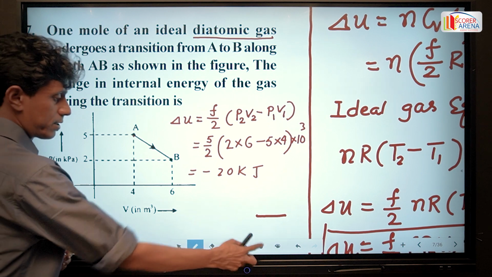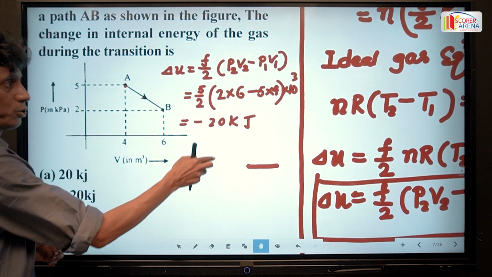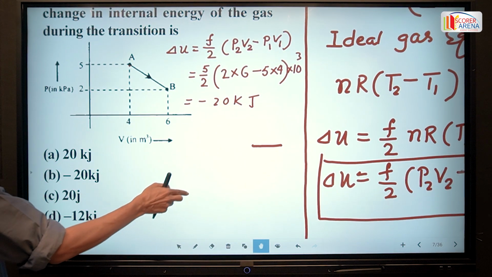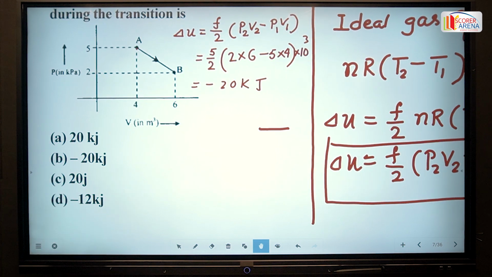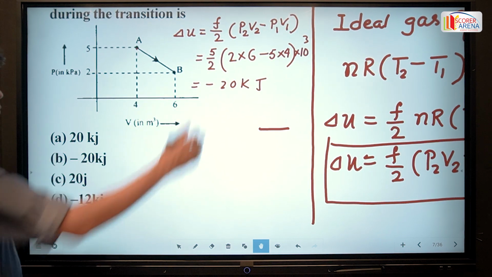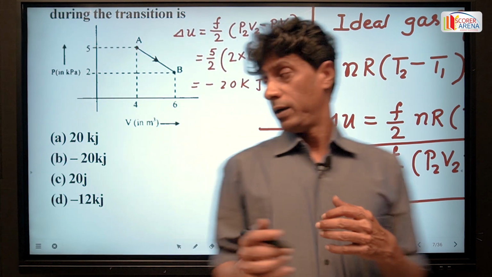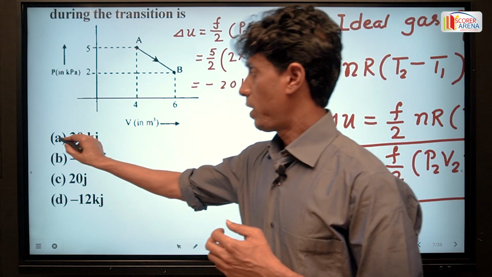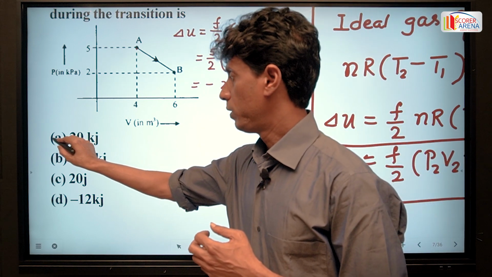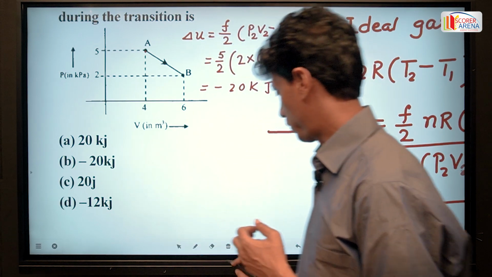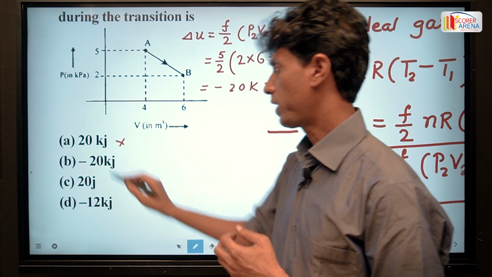So let us go through the 4 options given in the problem. Change in internal energy is minus 20 kilojoule, that is the decrease in internal energy. So 20 kilojoule is not the correct answer.